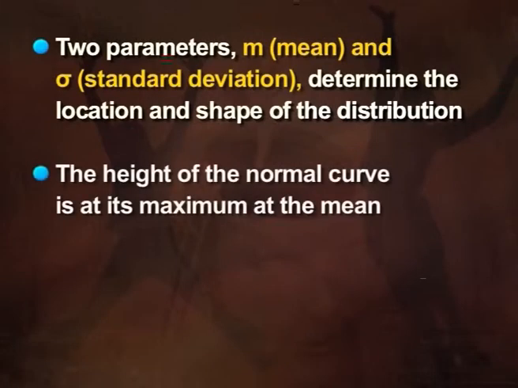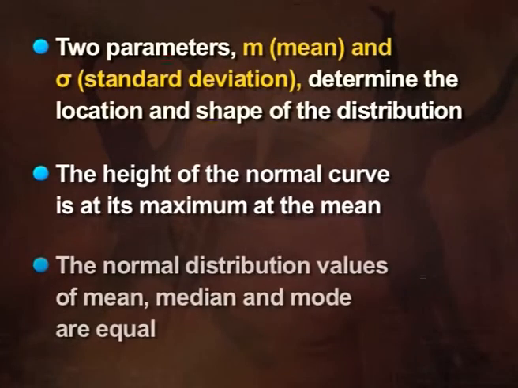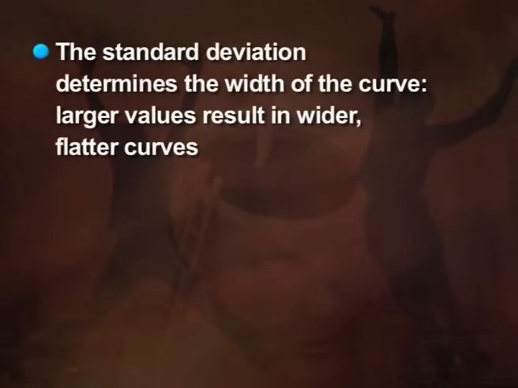The height of the normal curve is at its maximum at the mean. In the normal distribution, the values of mean, median and mode are equal. The standard deviation determines the width of the curve. Larger values result in wider, flatter curves.